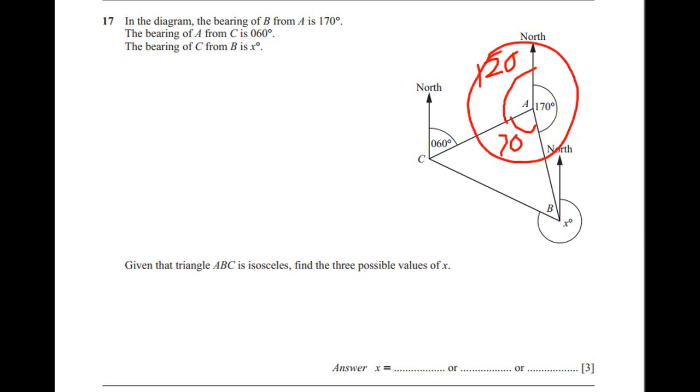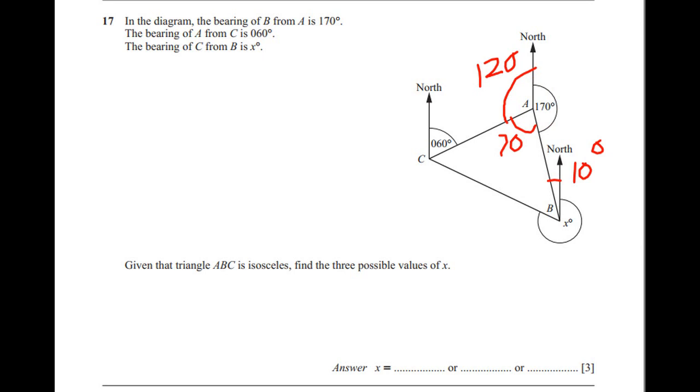Why? Because sum of all these 3 angles would be 360. So I got 120, I got 70. Next, this will be 10 degrees. Why? Because sum of these 2 interior angles will be 180. Alright, so I have these angles that are fixed in each of the 3 cases we need to find.